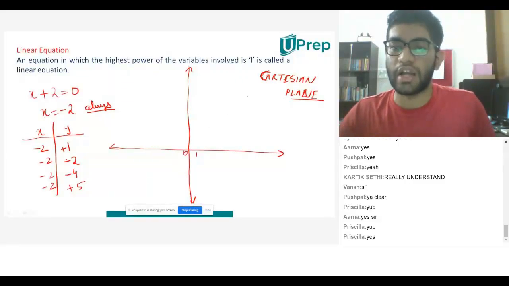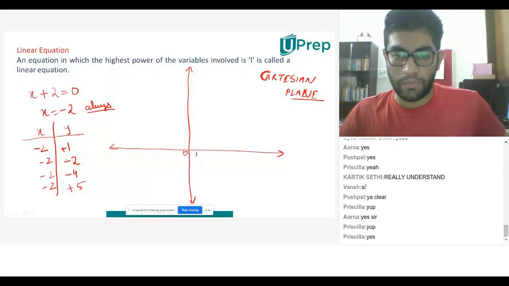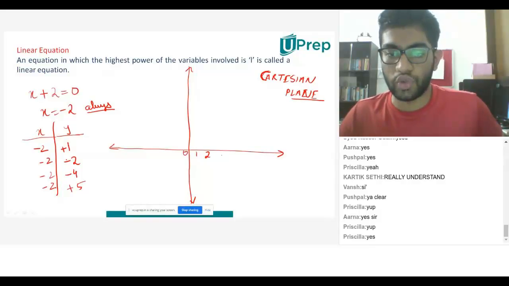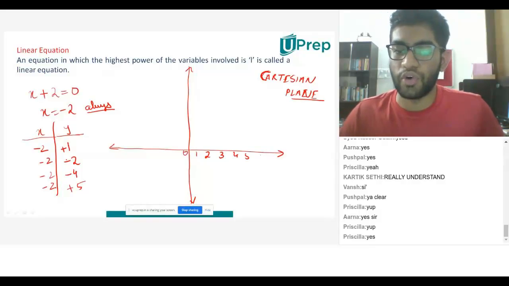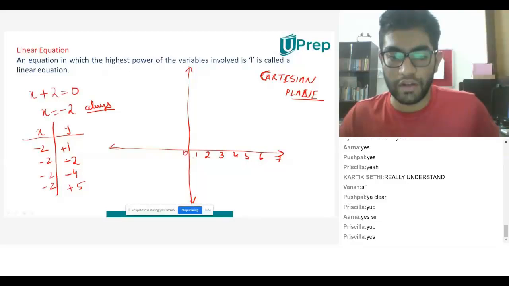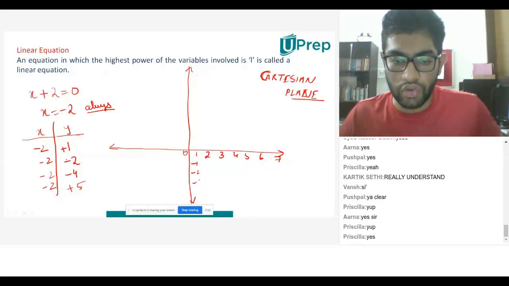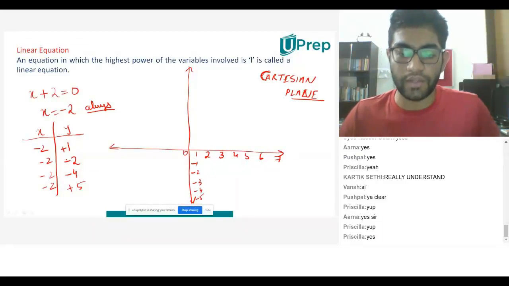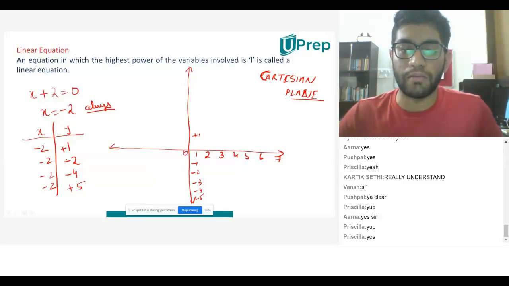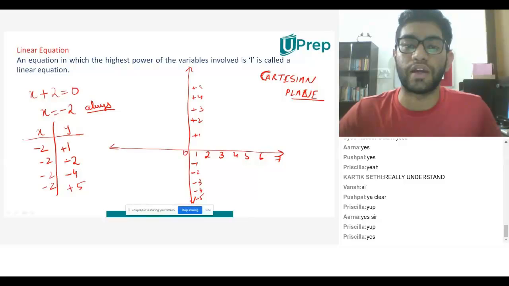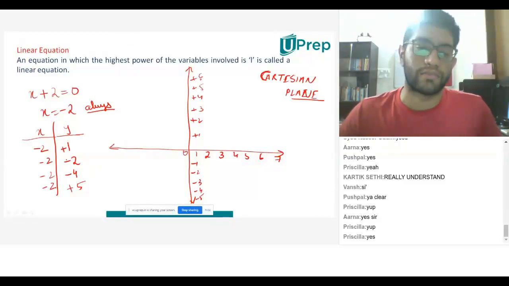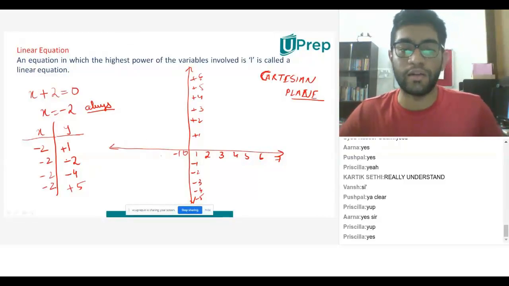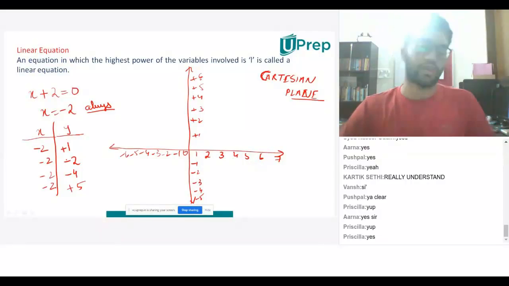C for Cartesian. Now, 1, 2, 3, 4, 5, 6, 7. -1, -2, -3, -4, -5. +1, +2, +3, +4, +5, +6.